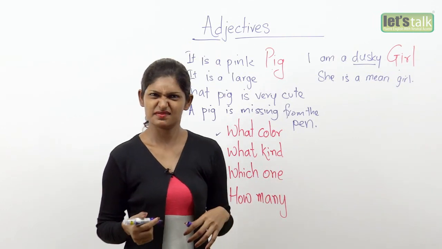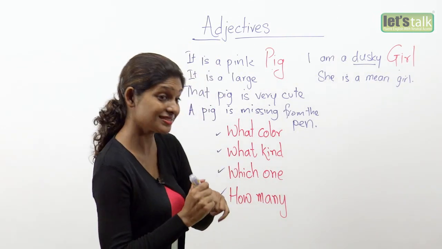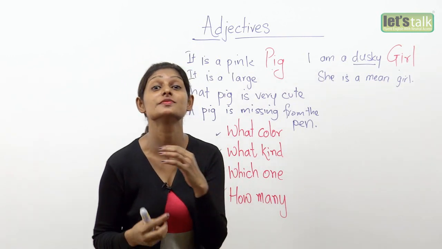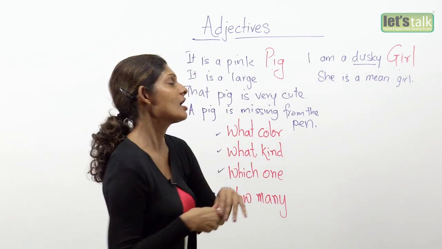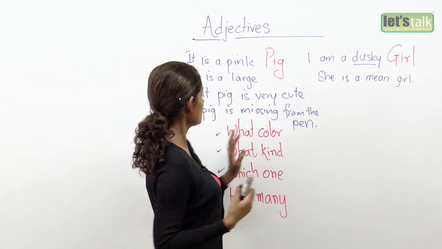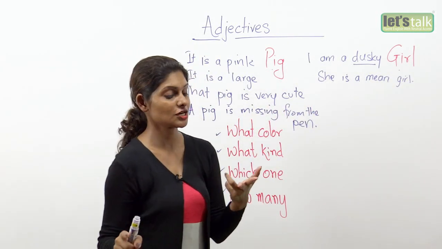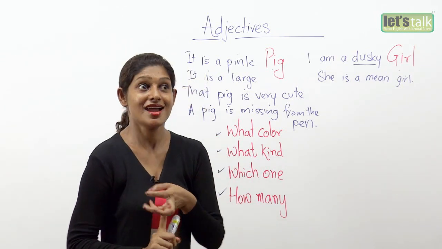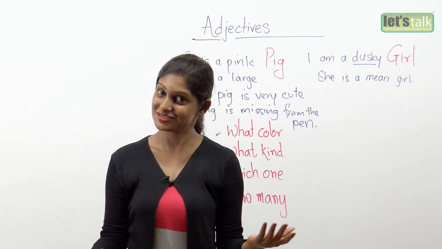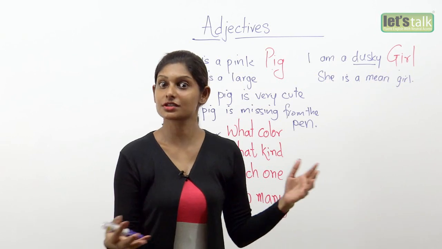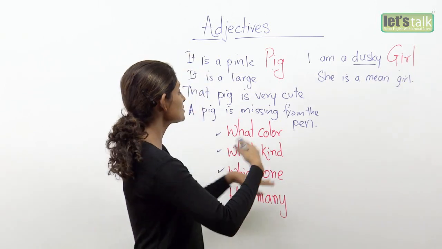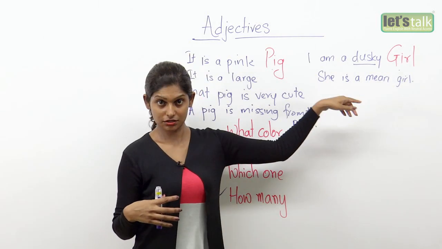She is a very naughty girl. So that is describing the girl, that the girl is being very naughty. What other ways can we describe? She's a mean girl, she's a naughty girl, she's a sweet girl, she's a nice girl. Yes, she's a cute girl. All right, so these are the ways to describe what kind of girl she is.